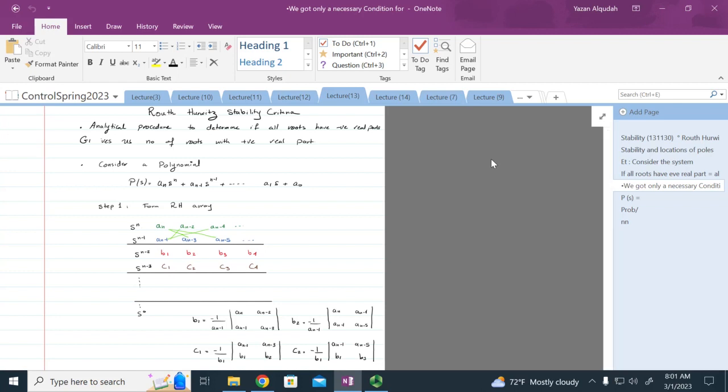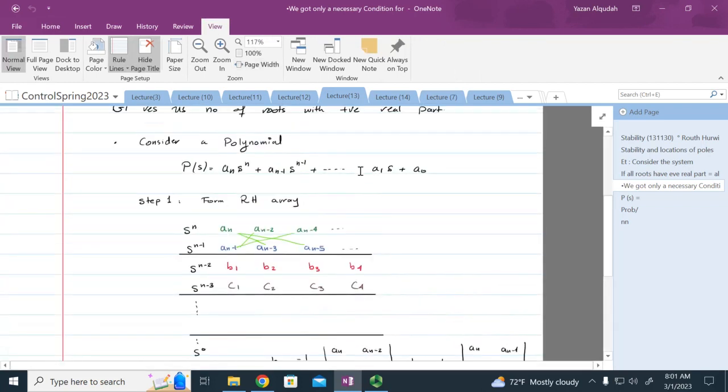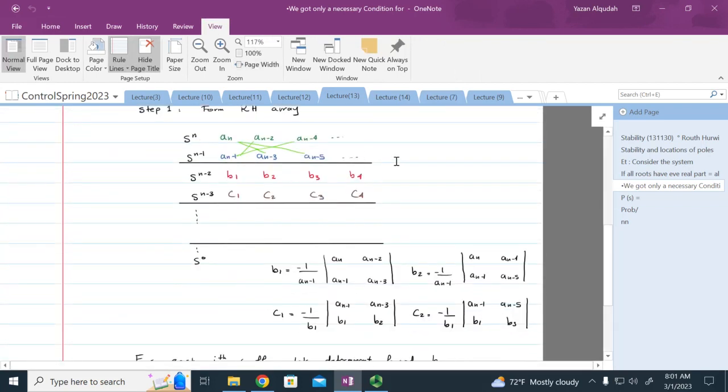to calculate the entries. The first two rows in the table come directly from the polynomial. And then we have to calculate the rest of the entries in the table. If you take any entry, that entry is taken by -1 over the first element in the row above it, multiplied by the determinant established by the two rows above, a_{n-1}, a_{n-2}, a_{n-3}.